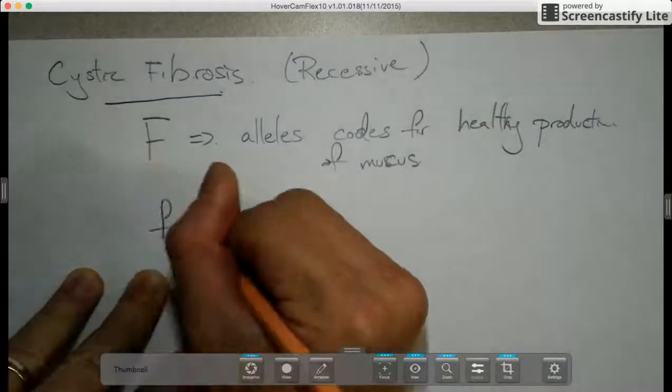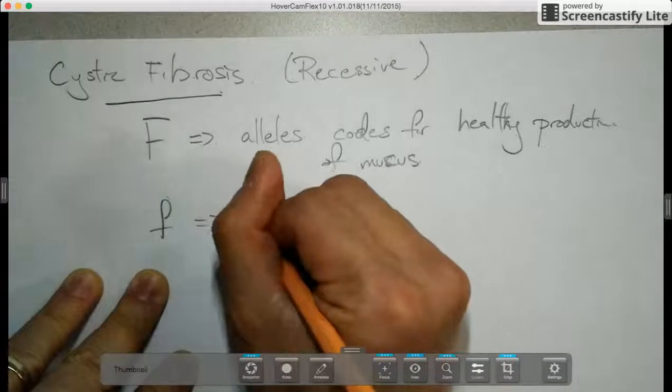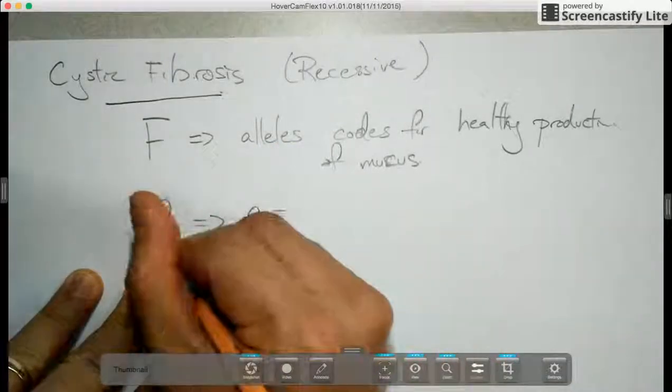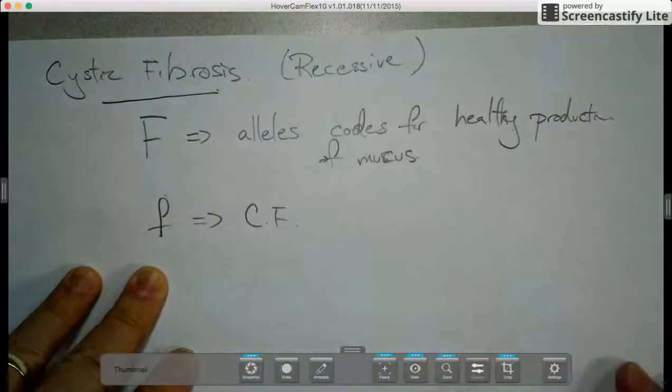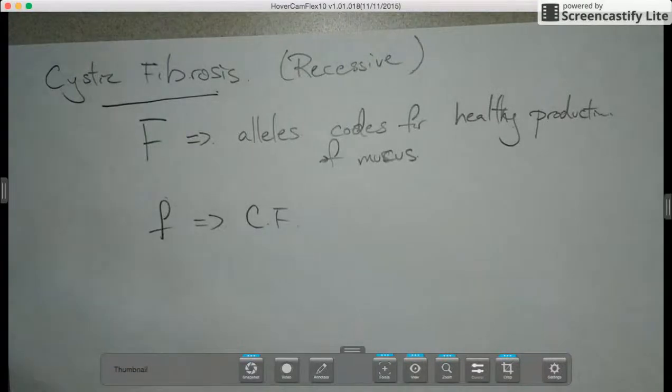If you have a small f, then you code for cystic fibrosis, CF. You guys follow?